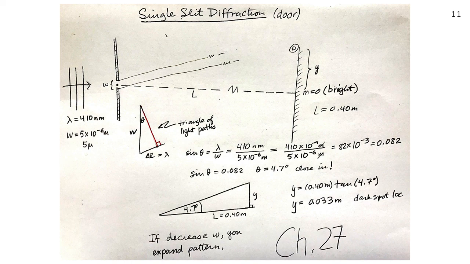Okay, 4.7 degrees. So this is pretty close, it's really tight. In my diagram I've got about 30 degrees for theta, but when you let the numbers do the talking, you can figure out the exact angle here.